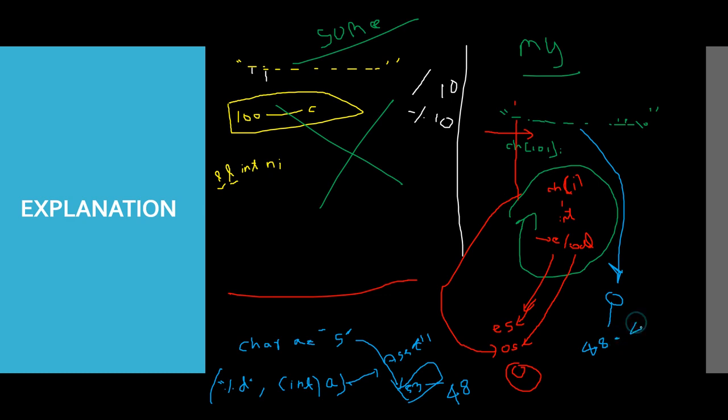If we subtract 48, after subtracting we get 0. The ASCII value of 1 is 49. After subtracting 48 from 49, we get 1.